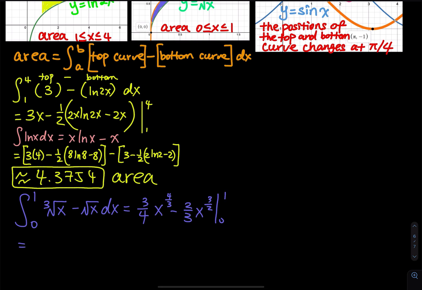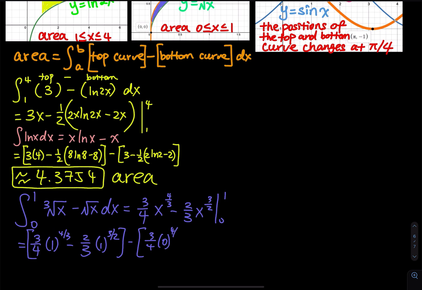Plug in a 1, everything becomes a 1; plug in a 0, everything is gone. So plugging in 1, you have 3 over 4 times 1 to the 4 over 3, and then minus 2/3 times 1 to the 3 over 2. This is the upper limit, and for the lower limit, everything becomes a 0.